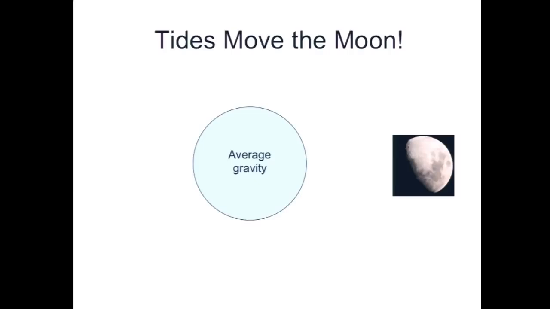But of course, this side of the Earth is closer to the moon, so it feels a somewhat stronger pull of gravity than the center of the Earth. This side of the Earth is further away from the moon, so it feels somewhat weaker force of gravity, because gravity gets weaker as you go further away. And so the gravity that the moon exerts on the Earth is actually not the same everywhere. It's different on different sides of the Earth.